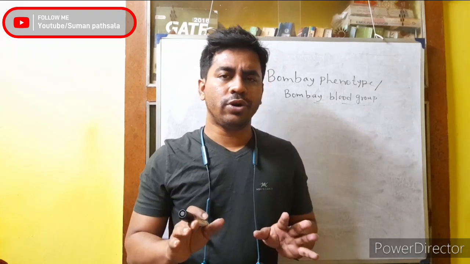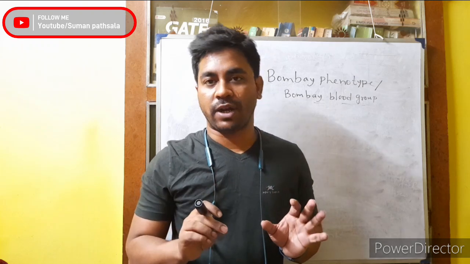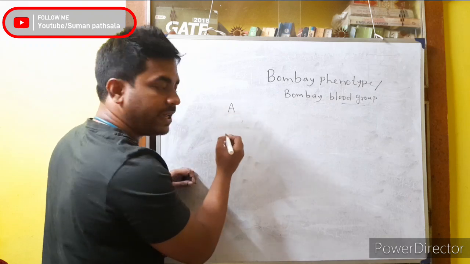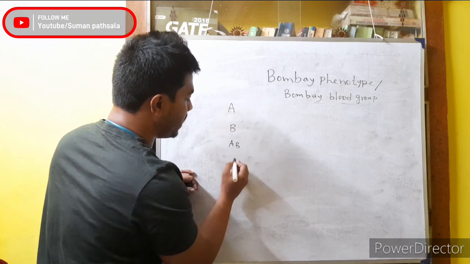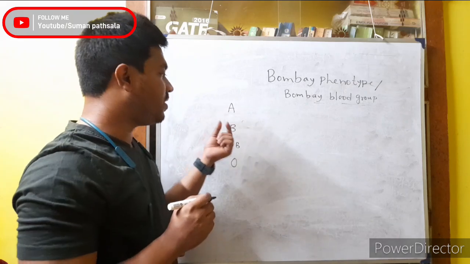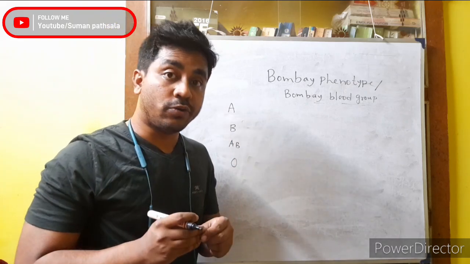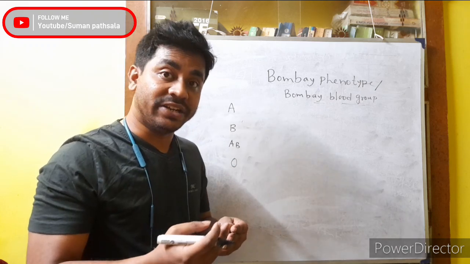Basically, we all know that we have 4 types of blood group, right? I write here A, B, AB and O. These are the 4 types of blood group we know. And we divide the blood group depending on the presence of antigen, right?